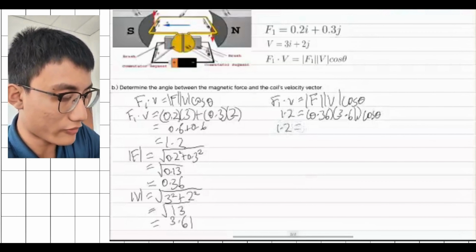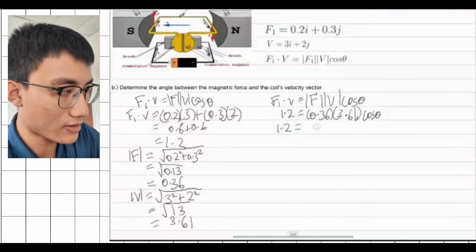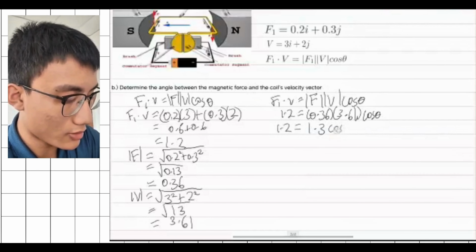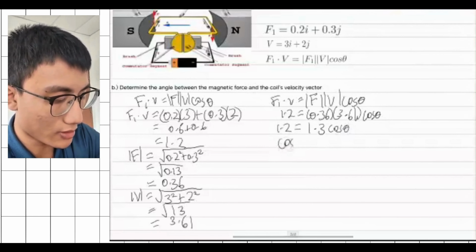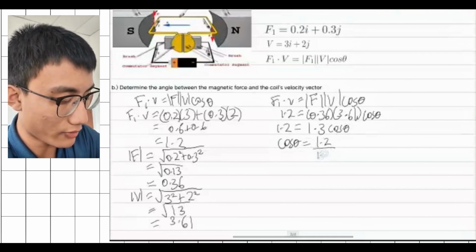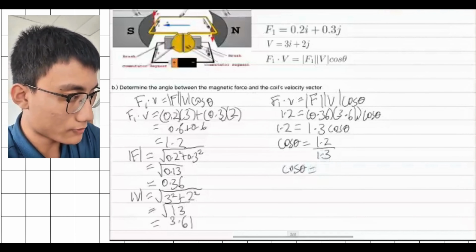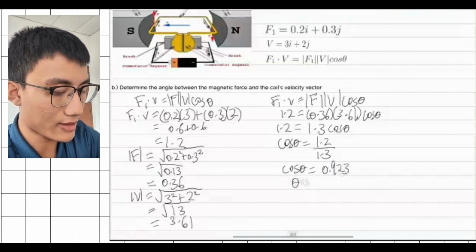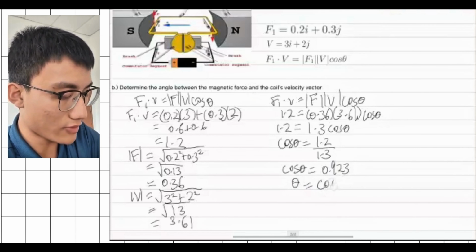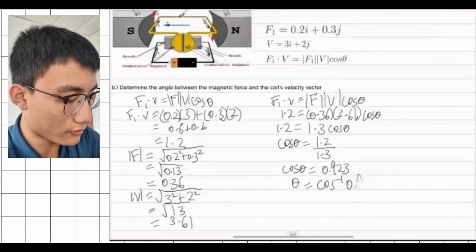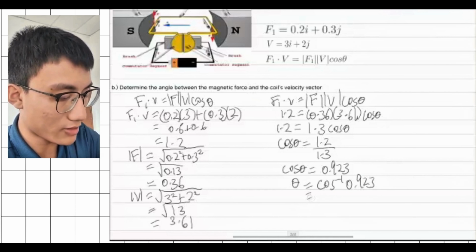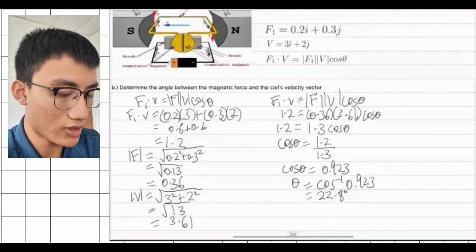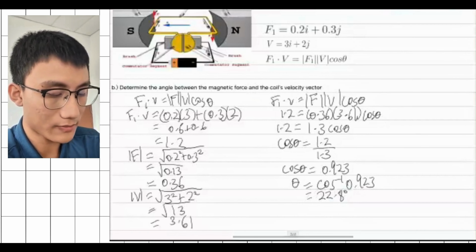If we multiply both of these, we will get 1.3 cos theta. So cos theta is equal to 1.2 divided by 1.3, and we will get 0.923. Then to find theta, we use the inverse cos of 0.923, and we get the final answer: 22.8 degrees for the angle between the magnetic force and the coil's velocity vector.